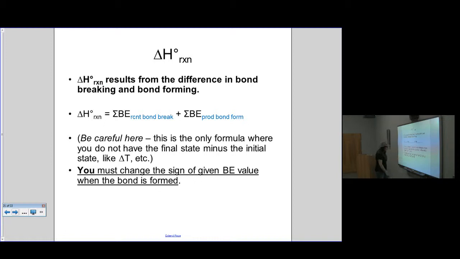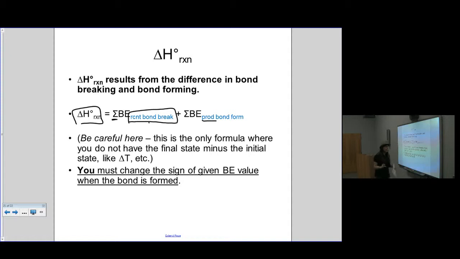And you're going to use this formula where the enthalpy of your reaction is still equal to the sum of the bonding energies we just looked at. But this is the only time you'll see in this class where we're going to do the reactants minus the products. When we did enthalpy with delta H of formation tables, we did products minus reactants.